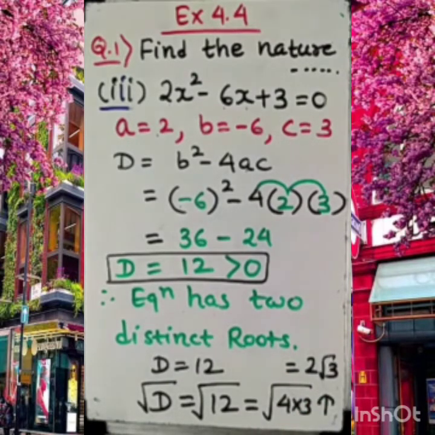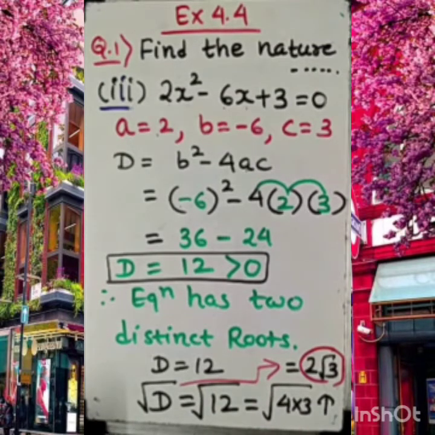So in place of under root D, I can write 2 root 3. We are sorting it out here for our better simplification, so under root D can be 2 root 3.